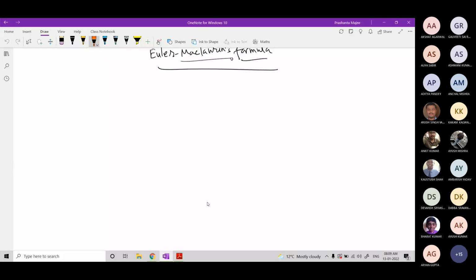So the integration from x naught to xn of y dx equals h by 2 times y naught, plus 2 times y1 plus y2 up to y n minus 1, plus yn. So that is the trapezoidal part.